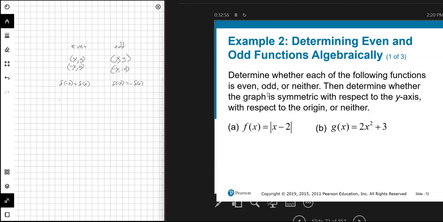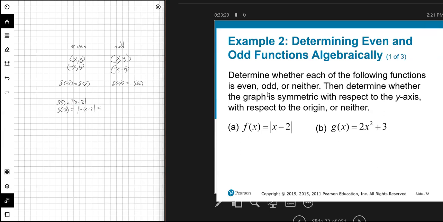So letter A, with f of x equals the absolute value of x minus 2. Well, if I do f of negative x, that'll give me the absolute value of negative x minus 2.